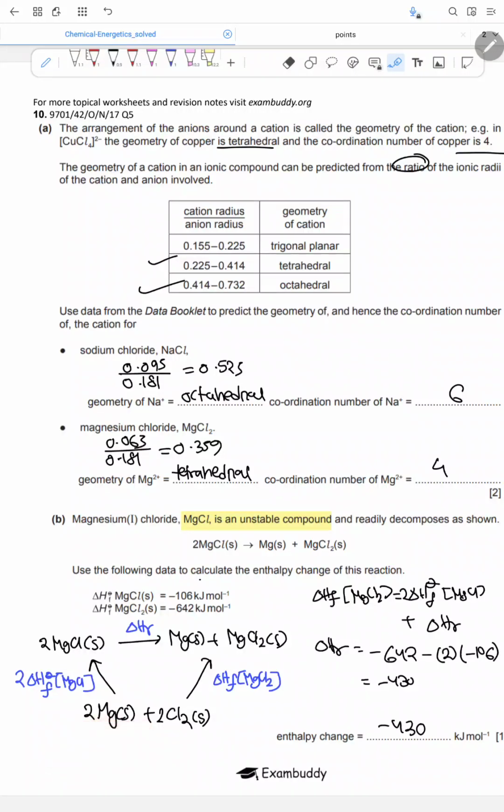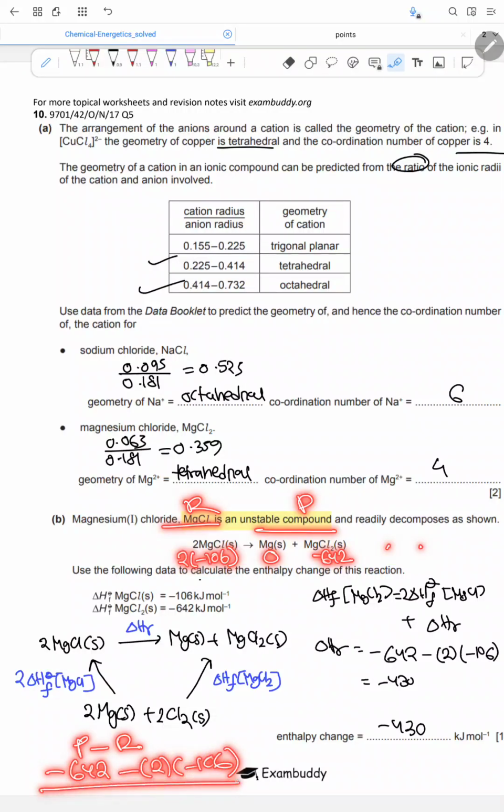Over here the enthalpy change is 0, over here the enthalpy change is minus 642, and over here the enthalpy change is minus 2 times 106. So this is our products, this is our reactants. We can write products minus reactants. You will fetch the same value: minus 642 minus 2 times minus 106. It will give us the same answer of minus 430.